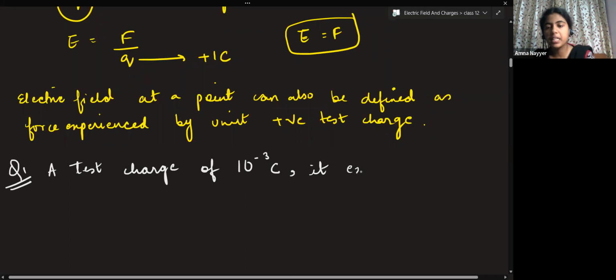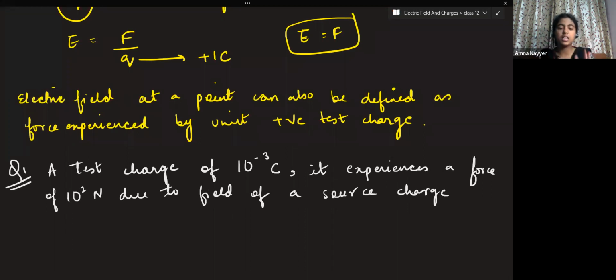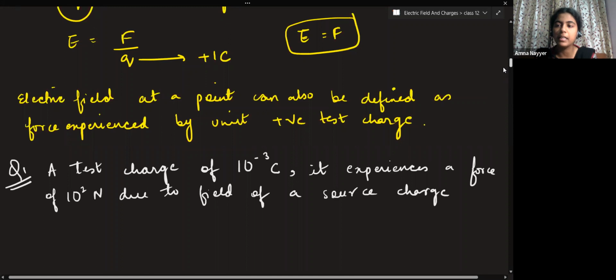This experiences a force of 10 to the power 2 Newton due to the field of a source charge. Because of a source charge, a test charge is experiencing a force that is 100 Newton, and the magnitude of the test charge is given as 10 to the power minus 3 coulomb.